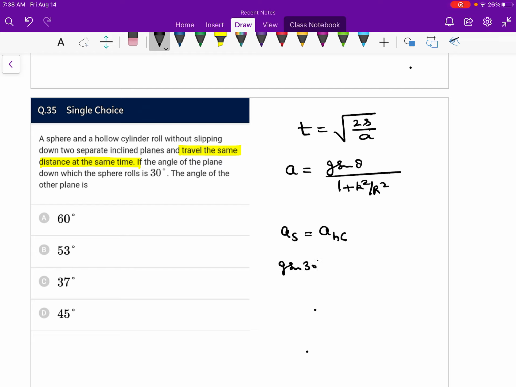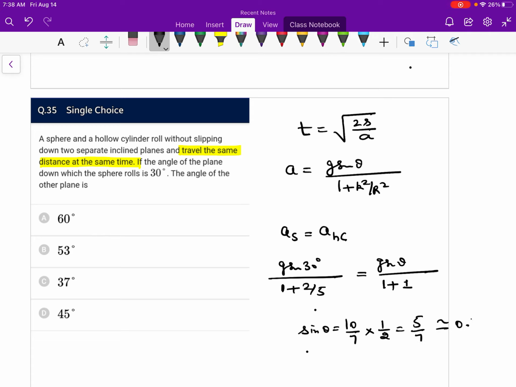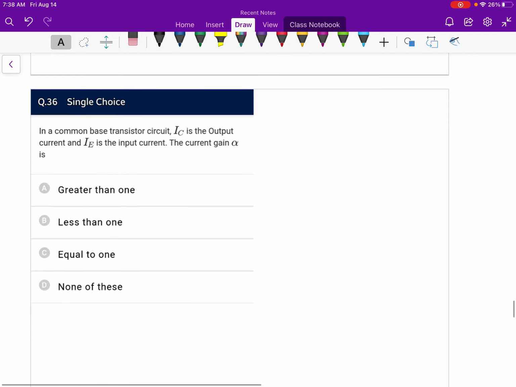Acceleration of the sphere is g sine 30 degree upon 1 plus 2 by 5, and acceleration of the hollow cylinder is g sine theta upon 1 plus k square by r square. K square by r square is 1. So sine theta is 10 by 7 into sine 30, which is half. So this is 5 by 7, which is roughly 0.7. So sine 45 degrees is 1 by root 2, which is 0.7. So theta is approximately pi by 4. So 45 degree is the correct option.